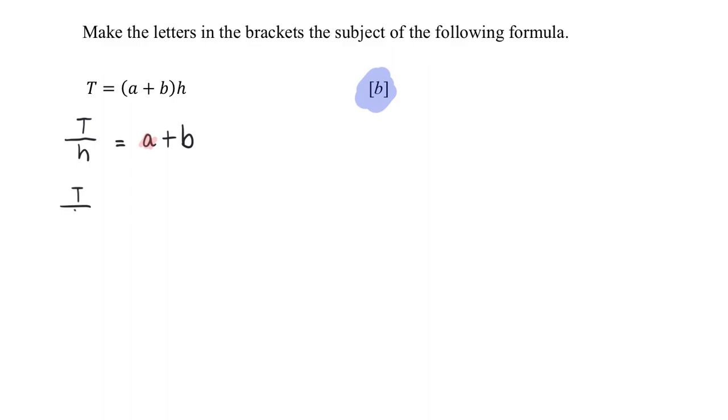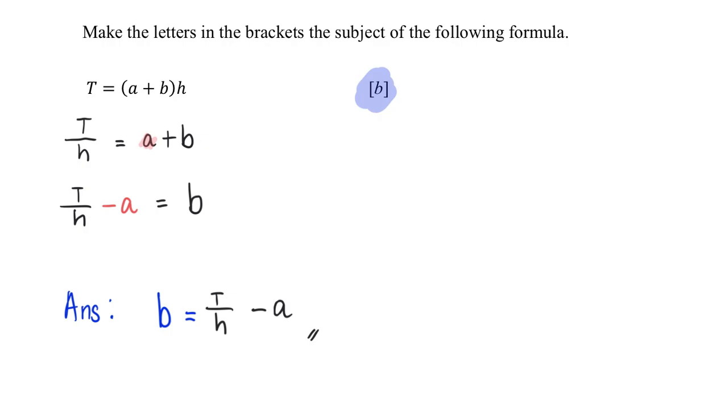I will have T over H minus A, so that I'm only left with B. And finally, now that we have B equals something, take note, because this is a changing of subject question, in the final answer we must write B at the left-hand side, and we have T over H, the whole thing, minus A. And we have successfully made B the subject of the formula.